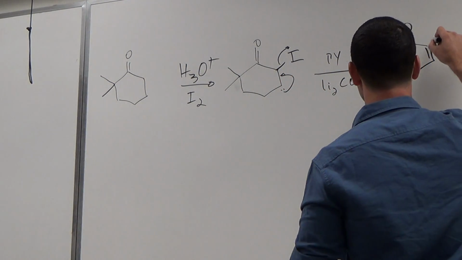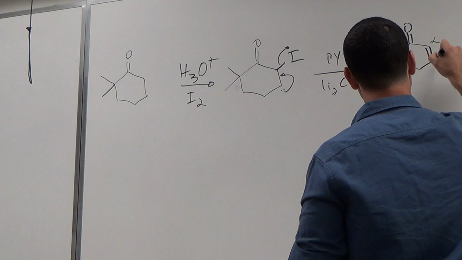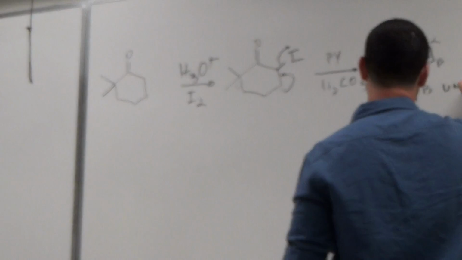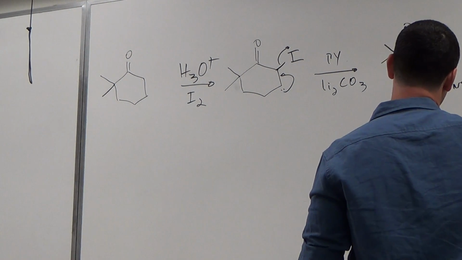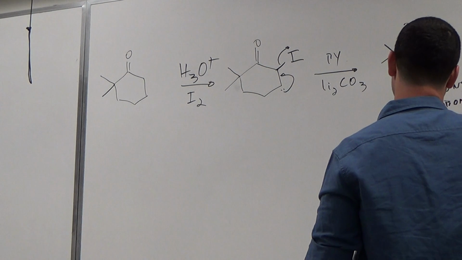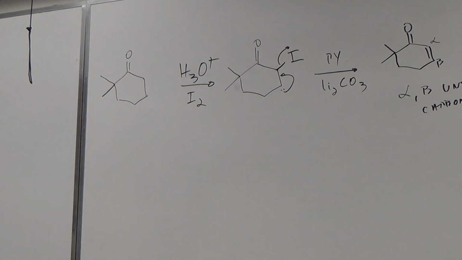This is the alpha position, and this is the beta position. So this is called an alpha beta unsaturated carbonyl.